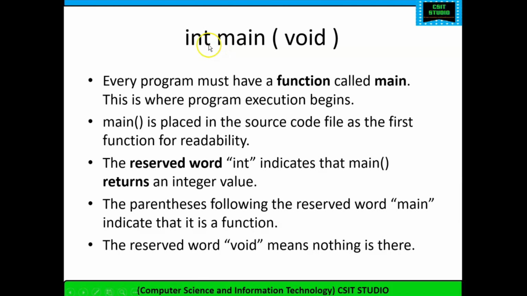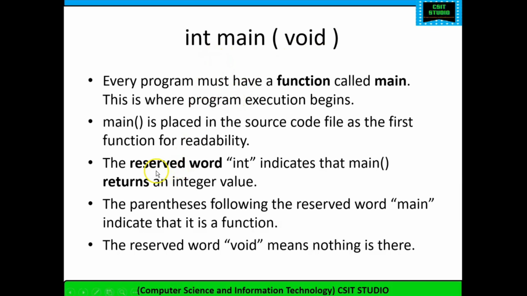This int before main is a reserved word that indicates that this main function will be returning an integer value, and the parenthesis after main, by parenthesis I mean this bracket, tells that main is a function, and this void says that there is nothing inside the main function. By nothing I mean there is no parameter, we need not pass anything to main at the moment.